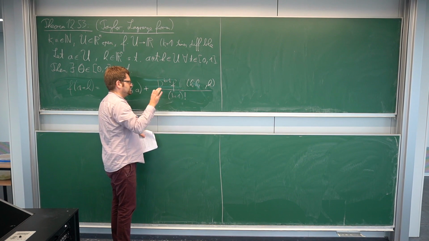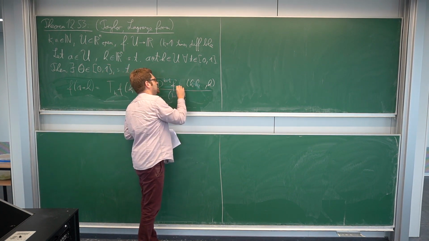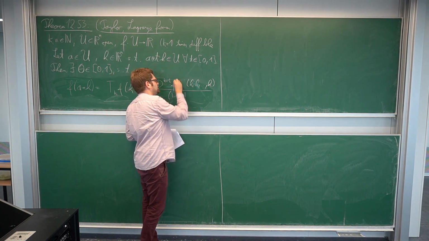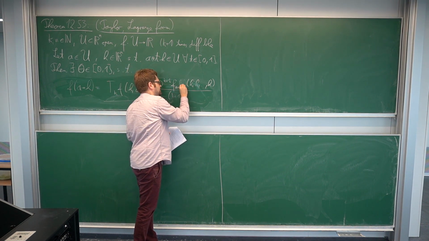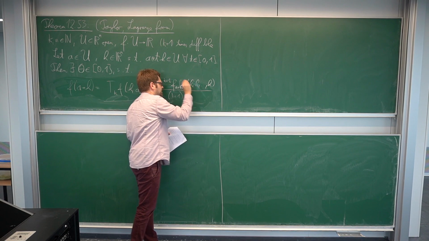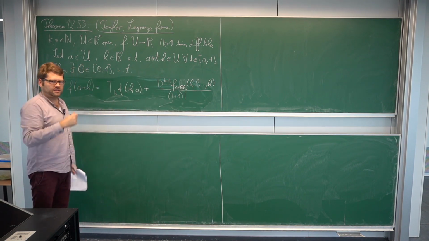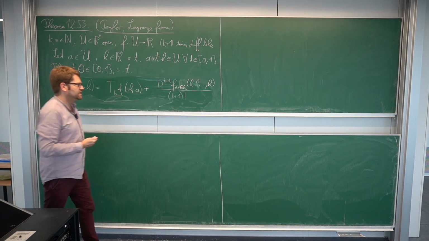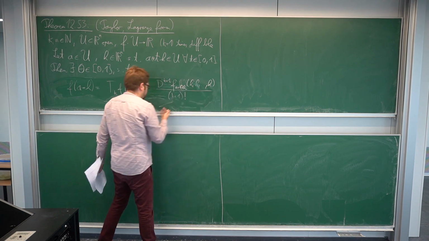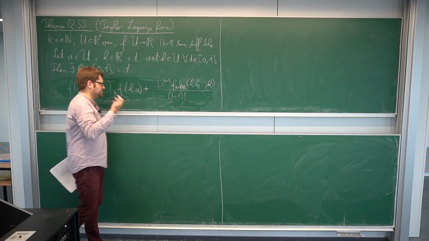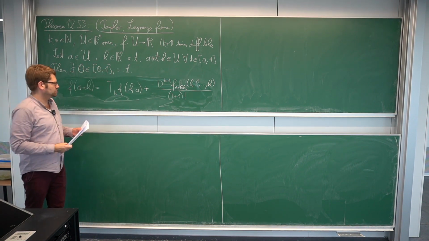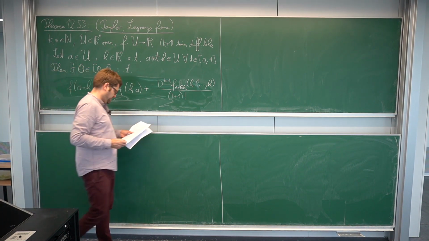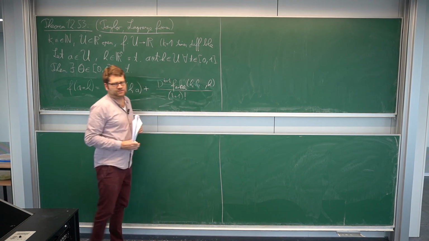Before we had some time in the interval, and here it's just some point between a and a plus h, expressed by taking a plus theta times h. So there is some point on the line segment between a and a plus h such that we can take this expression, which almost looks like the additional summand you get if you take the (k plus 1)st Taylor polynomial instead of the kth one. Okay, this is the statement of Taylor's theorem.